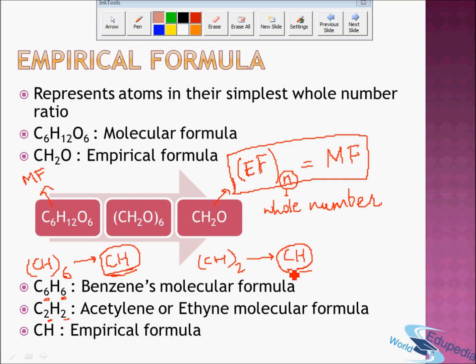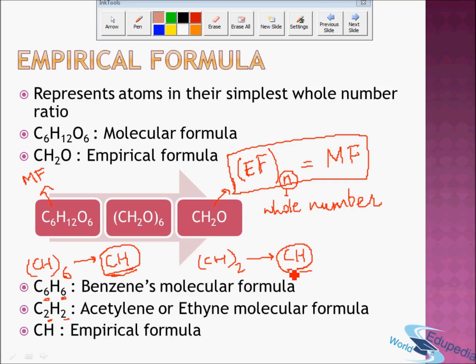First difference is empirical formula represents the simplest whole number ratio of the constituting elements, whereas molecular formula represents the exact number of atoms of the constituting elements. Second difference is a compound has a unique molecular formula, but 2 or more compounds can have the same empirical formula.